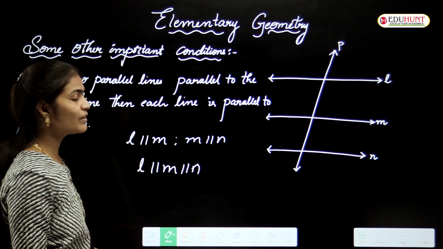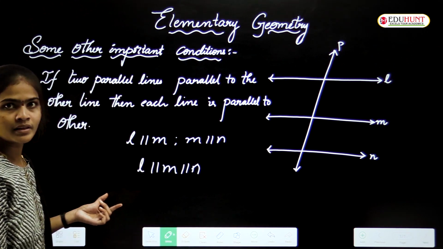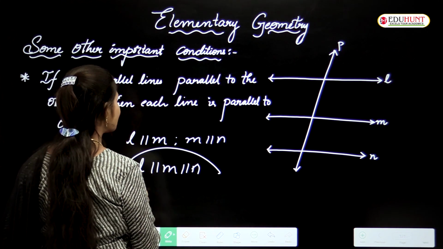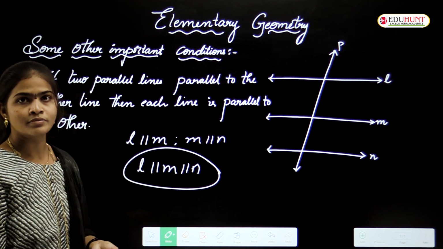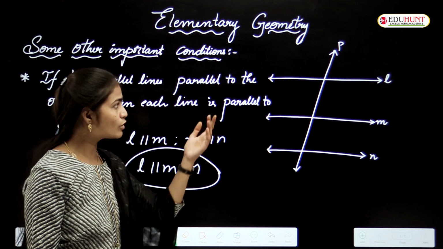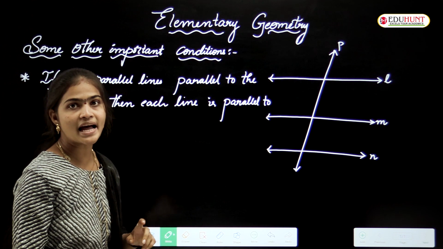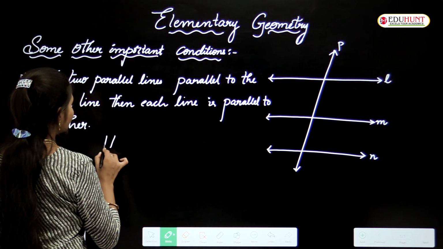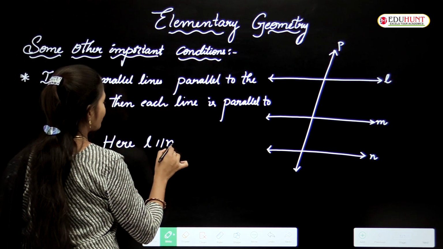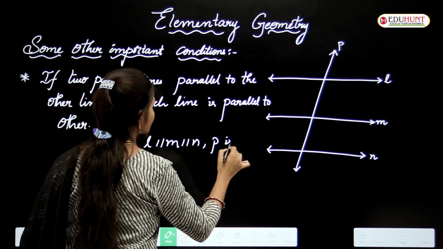So from this condition we can write that L is parallel to M, and M is parallel to N. So here we can say that L is parallel to M is parallel to N. So the three lines are also parallel to each other, with P as a transversal.